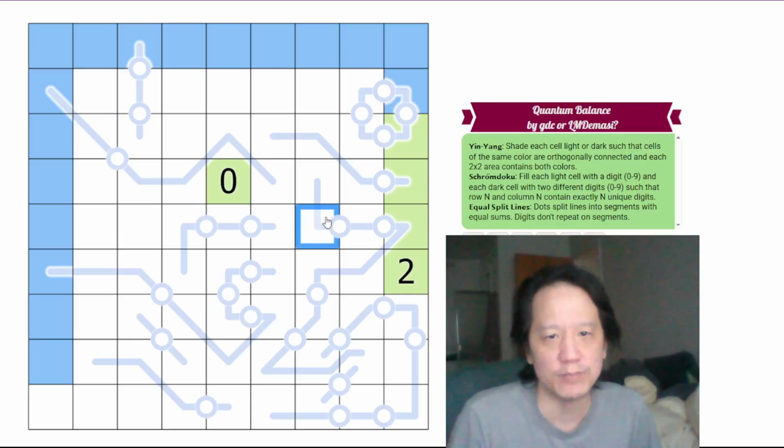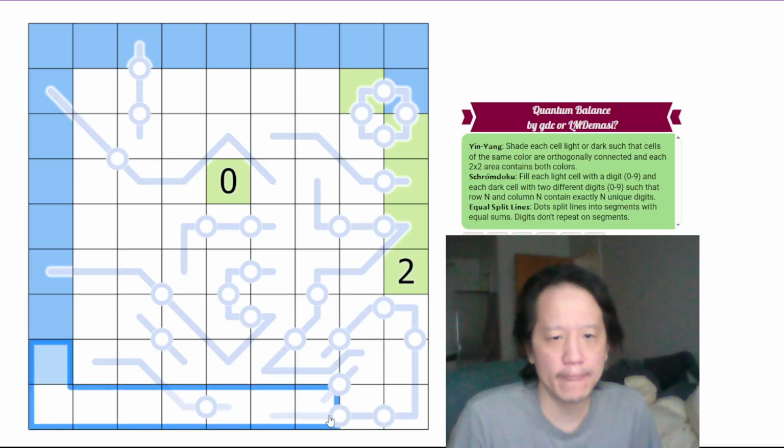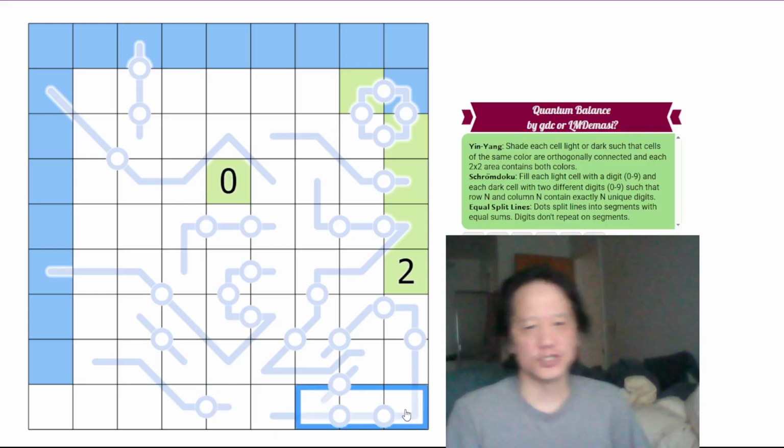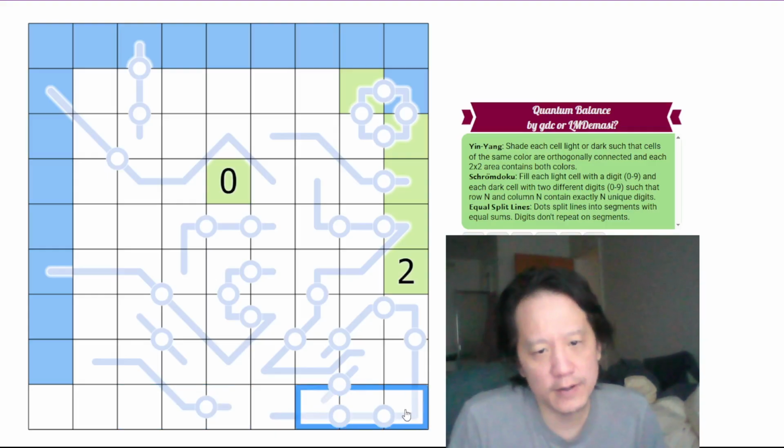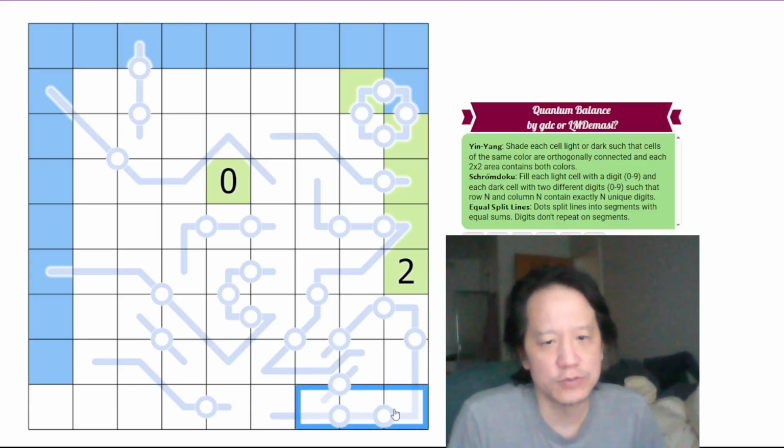This must be blue here then. We have 3 blue cells here in this 2x2 area, so this must be green here. These 3 digits have the same thing. Actually, that's not true. Never mind.